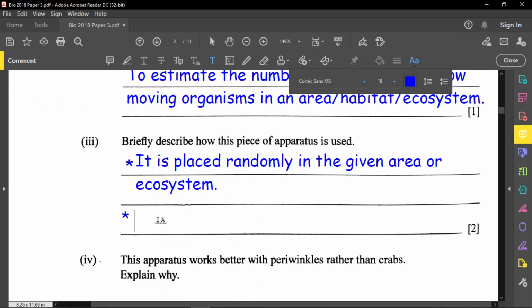The next thing you want to do is count the number of organisms. After you place it randomly, you count the number of organisms or the specific species that you're dealing with.